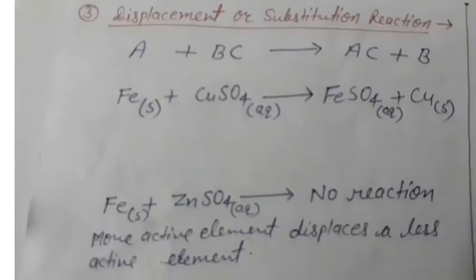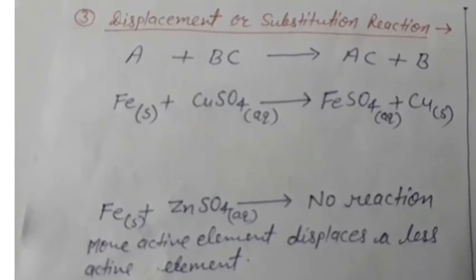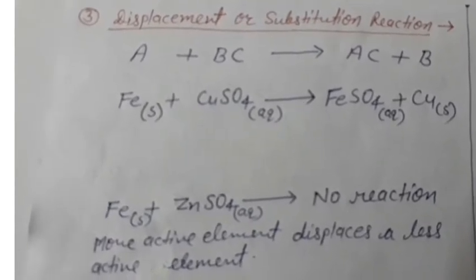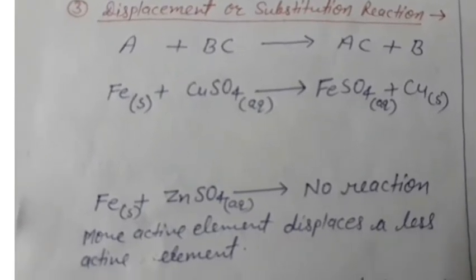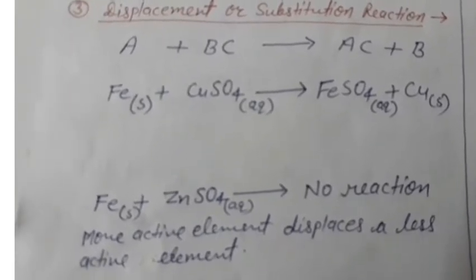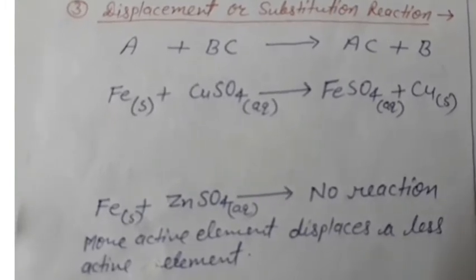Through this experiment, you have observed a displacement reaction, which is also known as the substitution reaction. In this reaction, a more active element can displace a less active element.